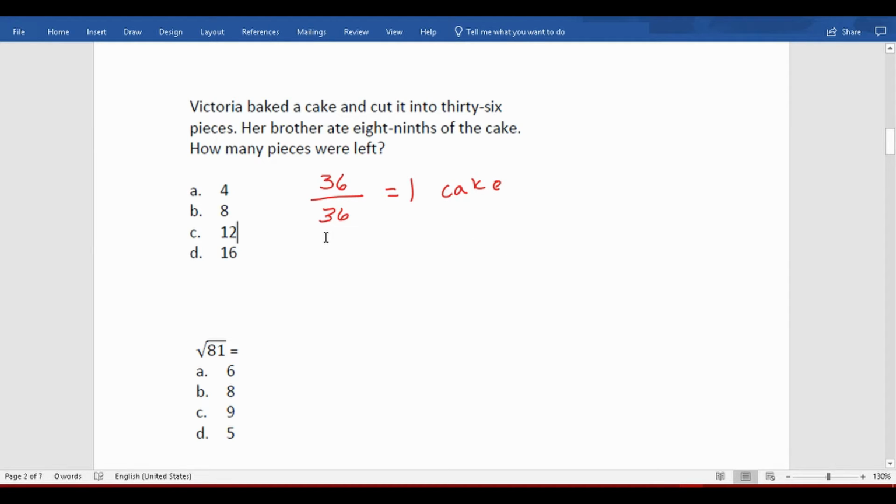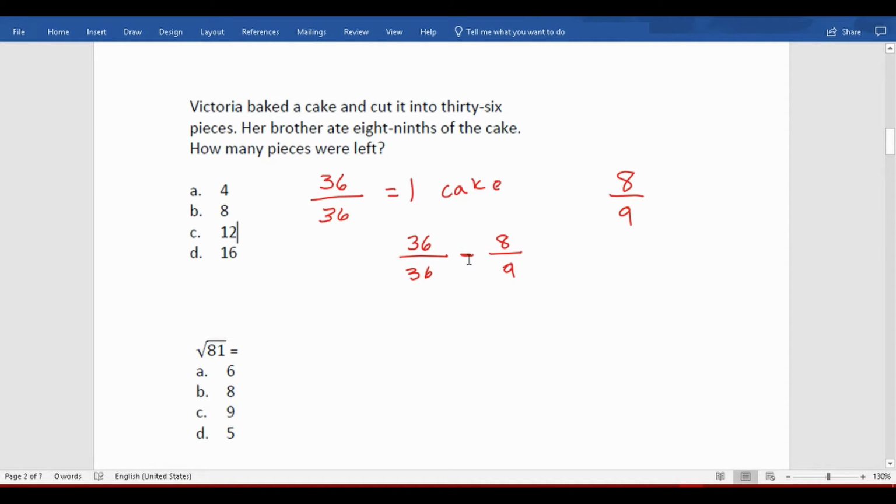We're told her brother ate 8/9 of the cake, and we want to find out how many pieces were left. So we're going to do 36 over 36 minus 8 over 9.